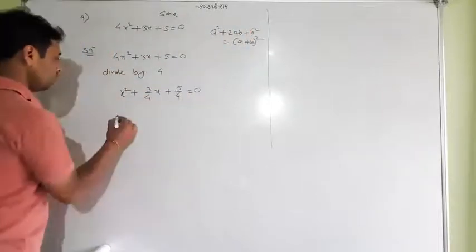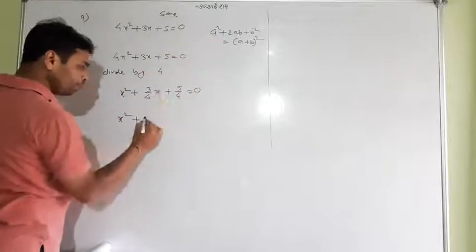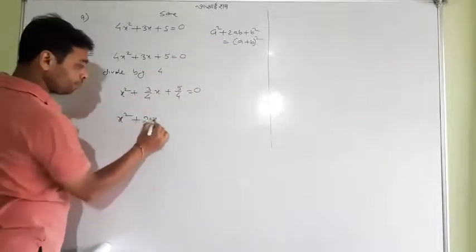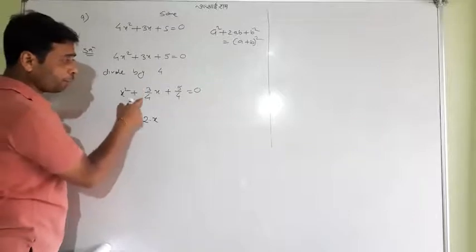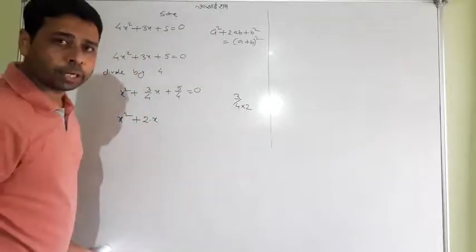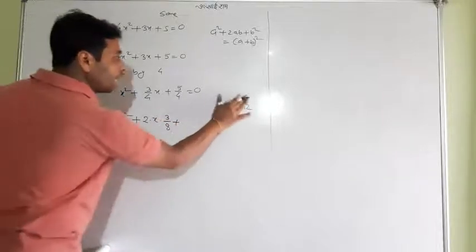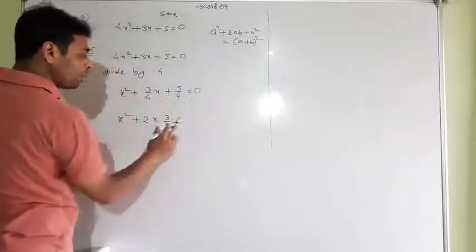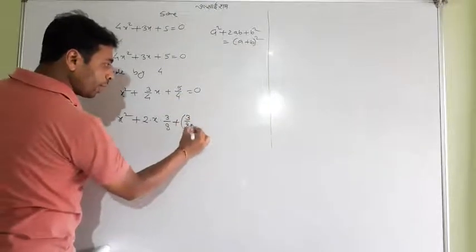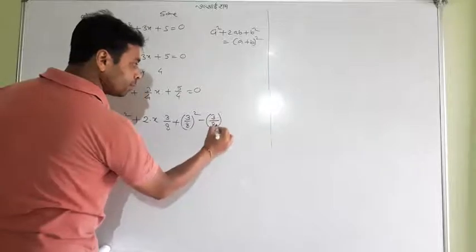So okay, start. a square plus 2a, where b is half of 3 by 4. Half of 3 by 4 means multiply by 2 in the denominator, so it's going to be 3 by 8. Then I need a b square, which is my (3 by 8) square. So you add, and you have to subtract.